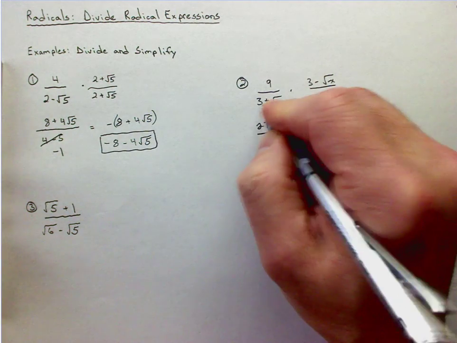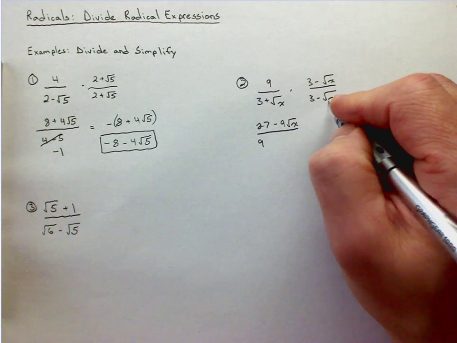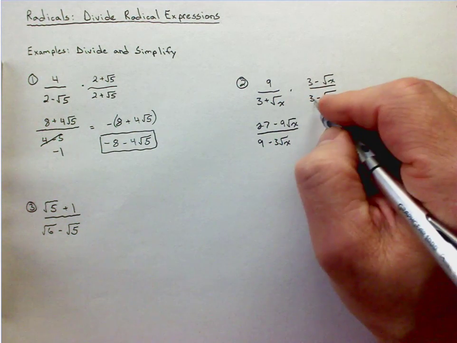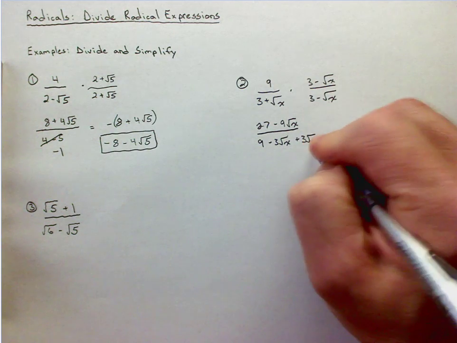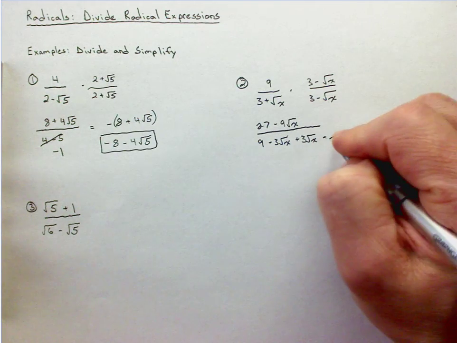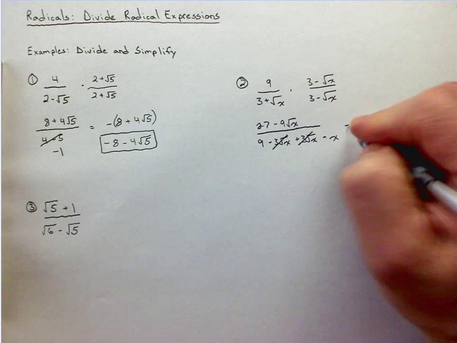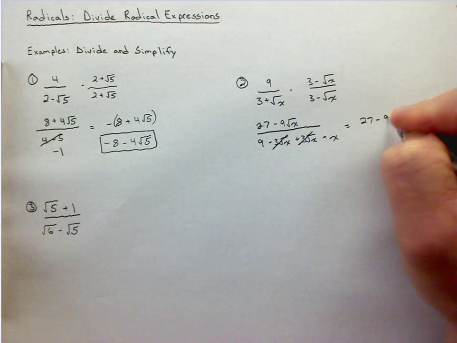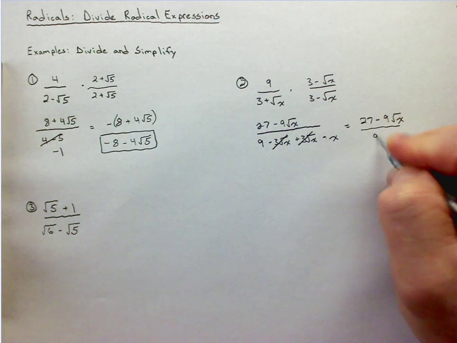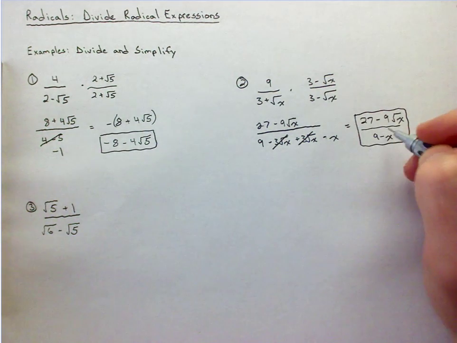Over 3 times 3 is 9. 3 times a negative, and I'll write that out for this one, and then x times 3, see, those are going to cancel, and that turns into a negative x. Those cancel. So 27 minus 9 radical x over 9 minus x. And I've rationalized my denominator and simplified my problem.